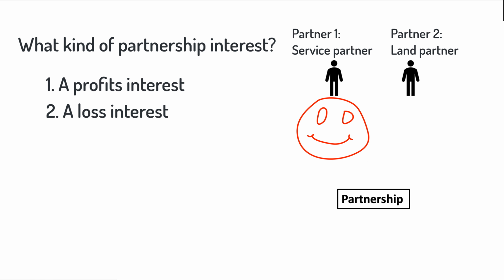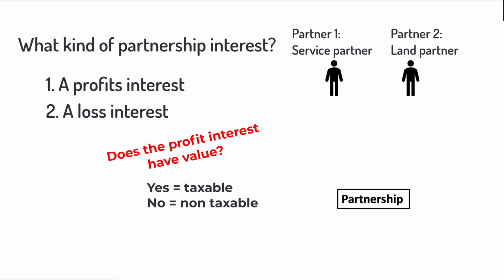In fact, Partner 2 probably doesn't feel it's fair for Partner 1 to start off with a capital interest, having not contributed any property. Even though the general rule says there is no compensation income when receiving only a profit and loss interest in a partnership for services, there are some situations where it does become taxable.